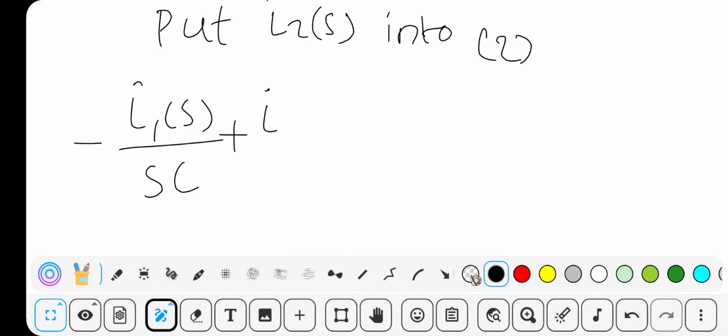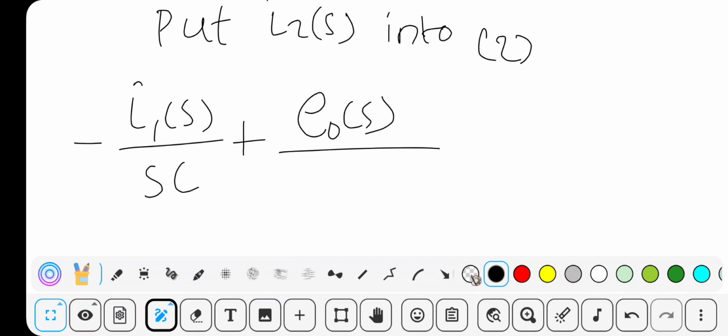Plus I2, I'm not even supposed to write it. This is what I'm supposed to write: SC times R0 plus SL.